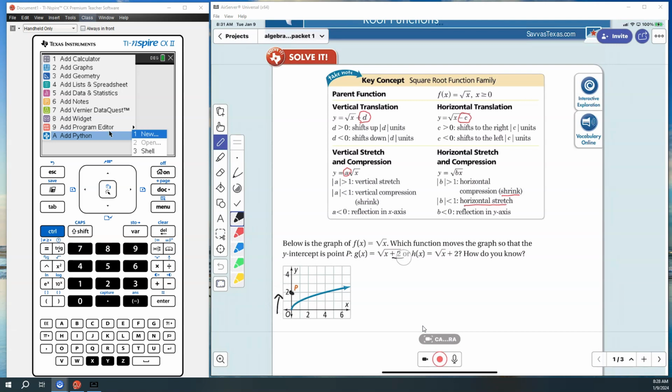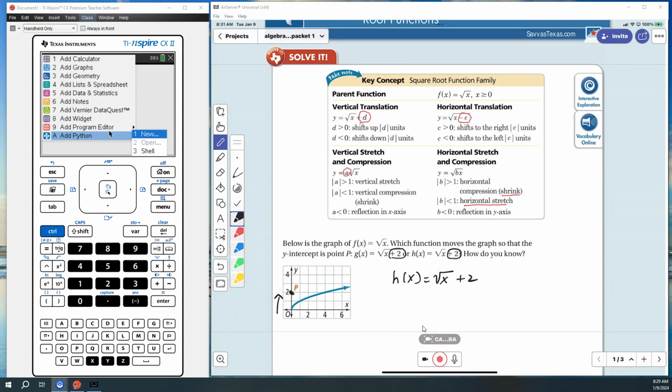The plus 2 inside is going to move the graph to the left 2 units, and the plus 2 on the outside is going to shift the graph 2 units up. So to answer this question, which one will it be? It's going to be h of x equals square root of x plus 2.